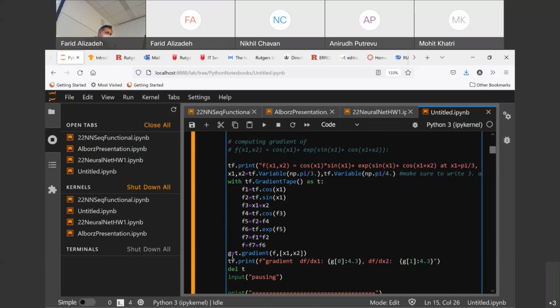And then g is t.gradient. Yeah, the gradient is a function, it knows. You give the function F, that's a node, and you have to give also the list of variables. That's x1 and x2. And it will find it for you, and then you can print it. Okay, so I can run this just to show you.